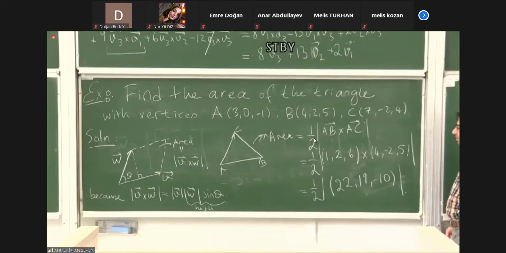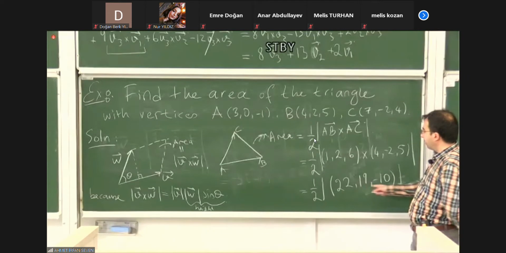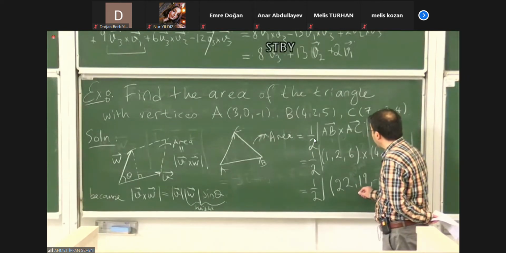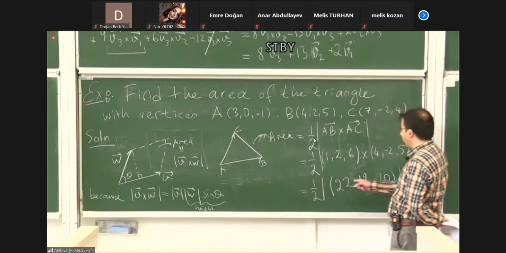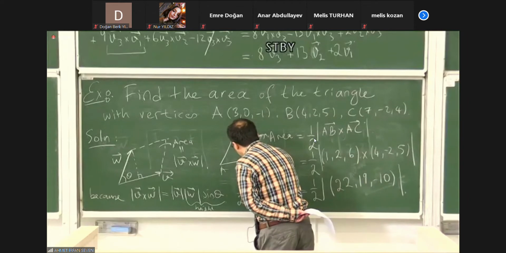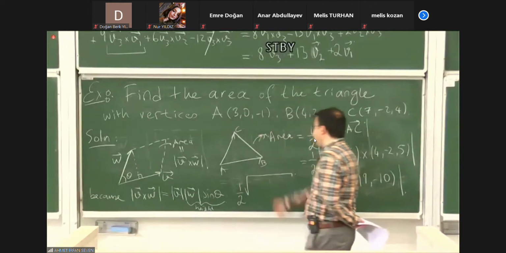So I'm taking this vector, and its length to be divided by 2. So let's compute its length.